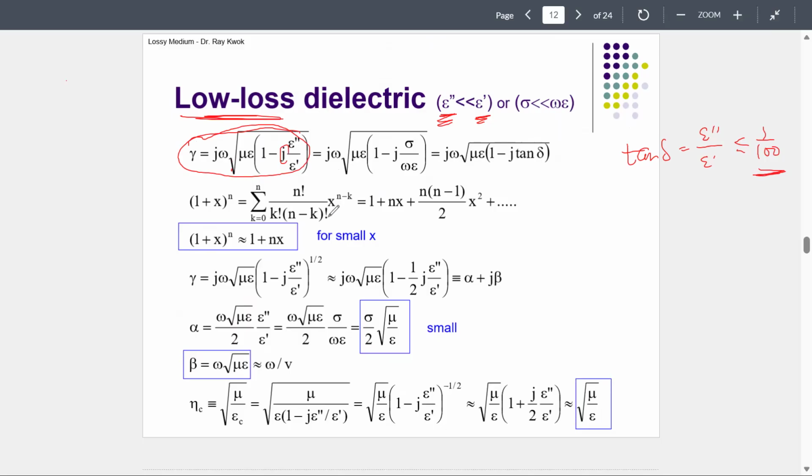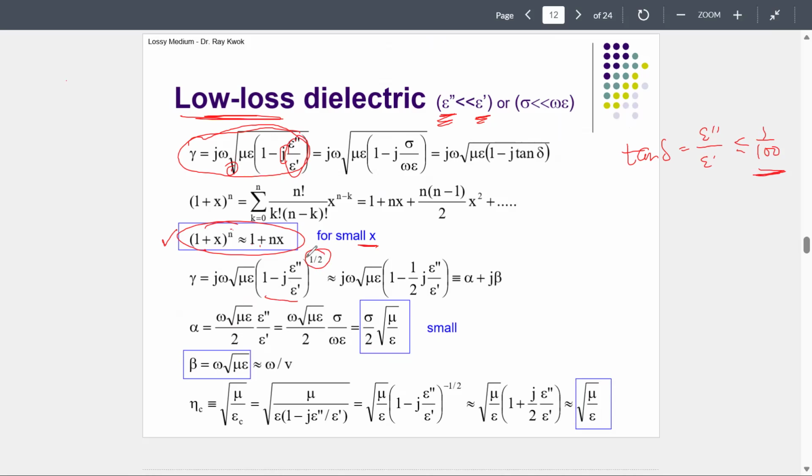But if I remember the binomial expansion, (1 plus x) to the n is 1 plus nx, if x is small. How small? 1% or less is very small, so this is already a very good approximation. So I can rewrite the square root as a power of minus 1/2.